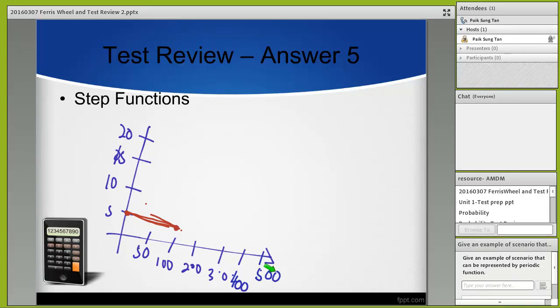It costs $10. So from here, at 100 you have an open circle because 100 doesn't count as $10, but right after that it counts.